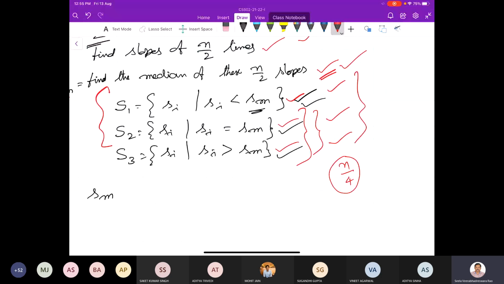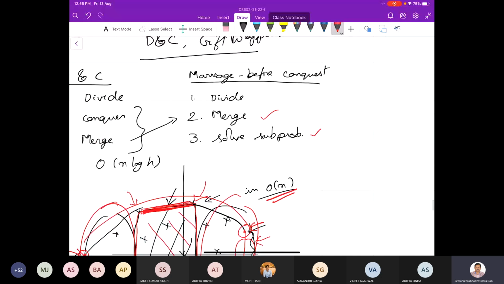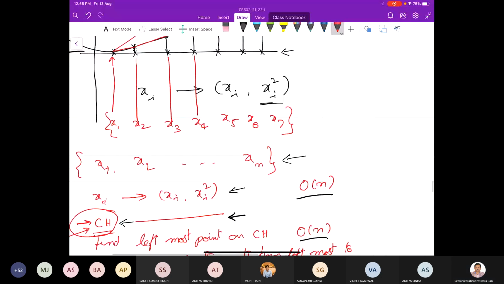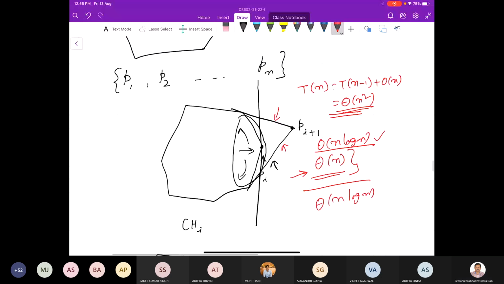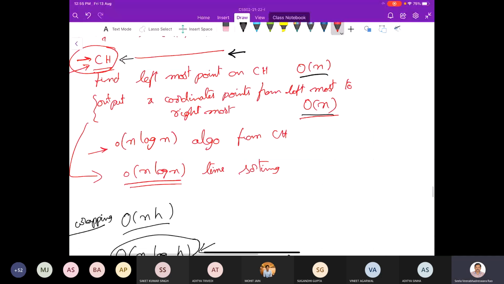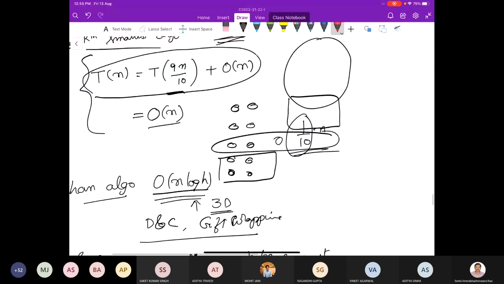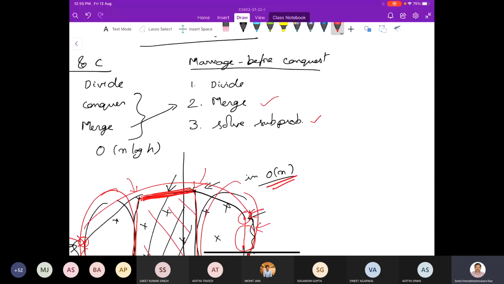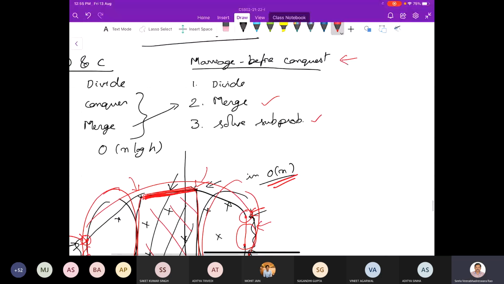What we learned here is, one, a variation of divide and conquer, what is called marriage before conquest. And the second thing is another strategy, how we found this bridge.